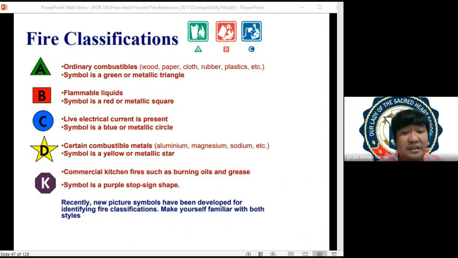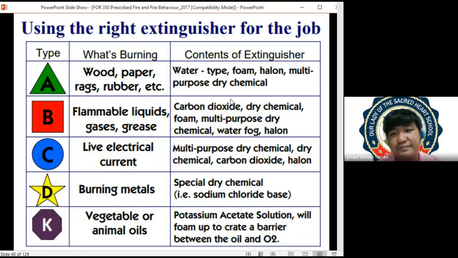Pag D naman is metal fire, it's due to chemical reaction. At pag K, it's due to a kitchen fire. And tatandaan ninyo, nakadepende sa class ng fire yung fire extinguisher na gagamitin natin.